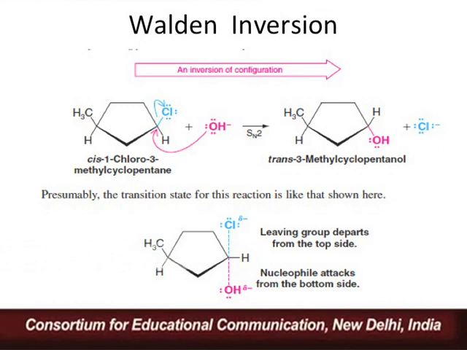That is, in the transition state there is partial bond formation between the carbon and the hydroxyl group, which is a nucleophile, and it takes place from the lower side of the ring, whereas the leaving group along with the bonding pair of electrons departs from the top side, resulting in the change in configuration. That is, from the cis isomer we are getting a trans isomer.